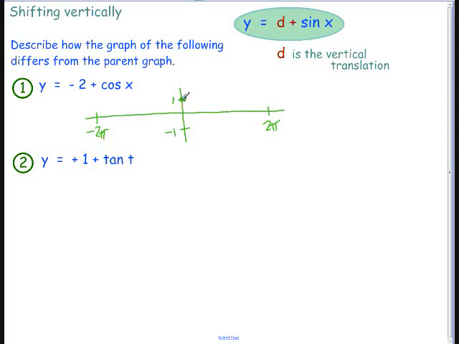Okay, I'd have this point here. At pi, I'd have a -1, and at 2 pi, I'd be back to a +1. And midway between, I would have an x-intercept.